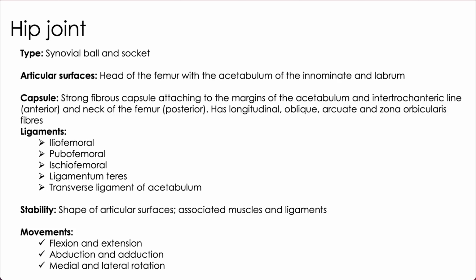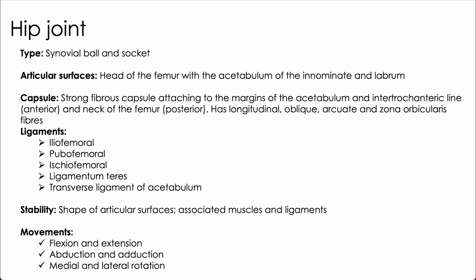So now let's recap. My hip joint is a synovial ball and socket joint. The articulating surfaces, we know about that: the acetabular cavity and the head of the femur. The capsule is a very strong fibrous structure, and then we have talked about a number of ligaments: iliofemoral, the strongest; pubofemoral; and the ischiofemoral, the weakest.